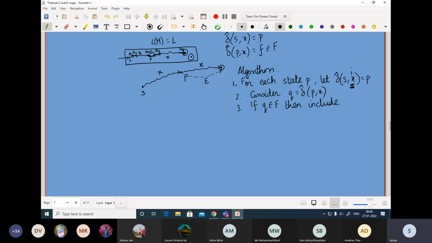So let x be the shortest path. So the suggestion was this, but okay, now this may not be working.